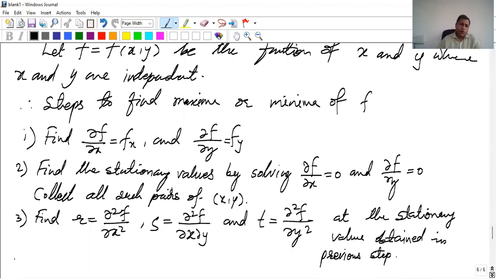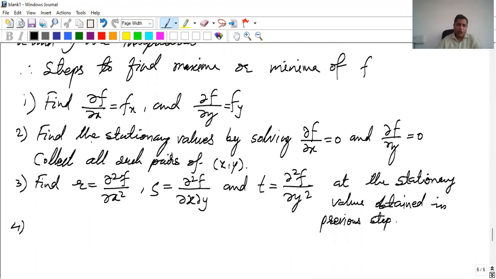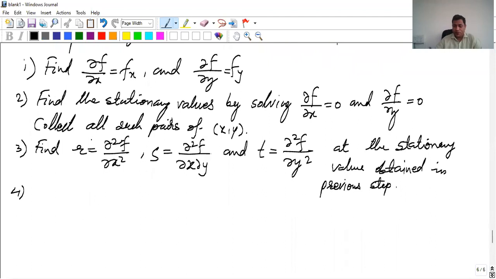So we got the stationary value, the first order derivative, and the second order derivative. Now we have to decide whether it is going to be maxima or minima. R, S and T we have calculated.